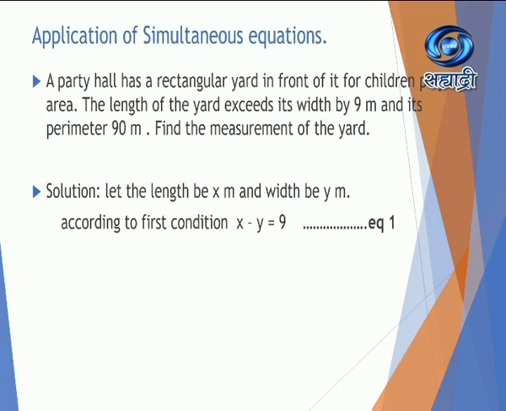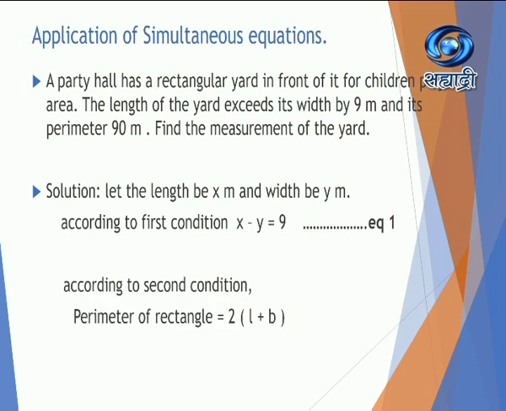Now, according to the first condition, x minus y equal to 9, because the condition is the length of the yard exceeds its width by 9 meter. So the equation is x minus y equal to 9. According to the second condition, perimeter is given, that is 90 meter.